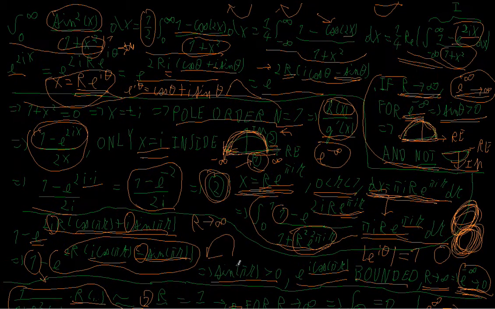And so remember, the residues were somewhere here, I think. Here is our only residue inside the upper half plane. Only x equal to i is inside our domain, because x equal to negative i is not inside it. Negative i would be somewhere here, and that is outside our domain.